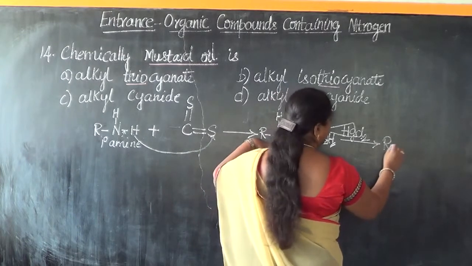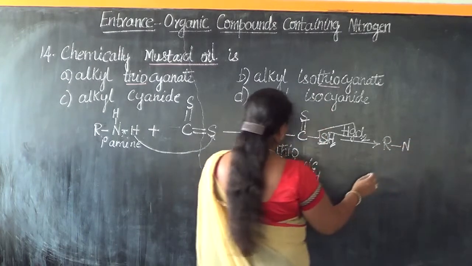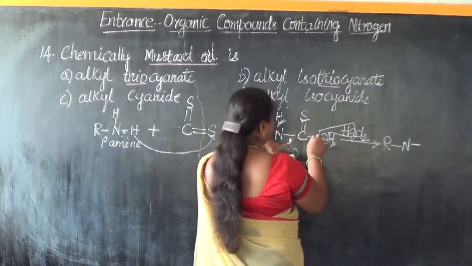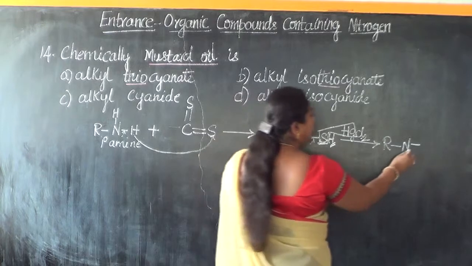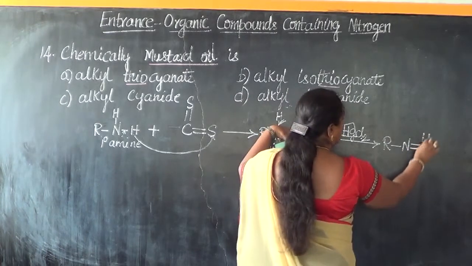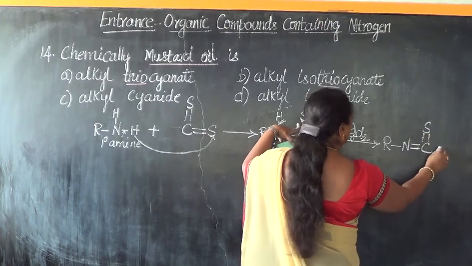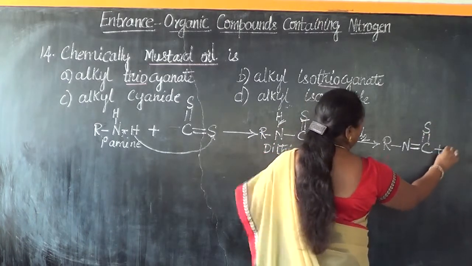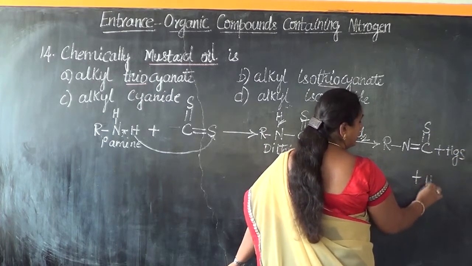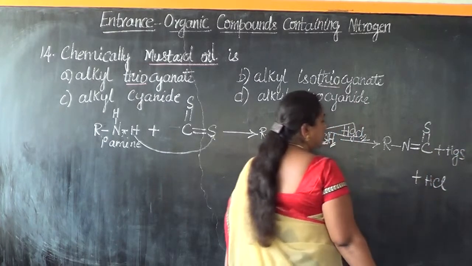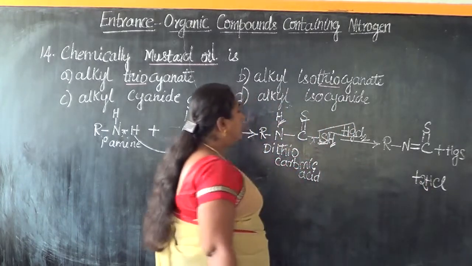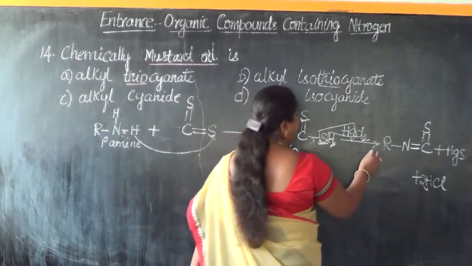R is linked with N here, and this bond is cleaved. So these two will be getting linked by double bond. Then C with this S with double bond, along with HgS plus HCl. So how many HCl we get? 2 HCl. So what is this product going to be?